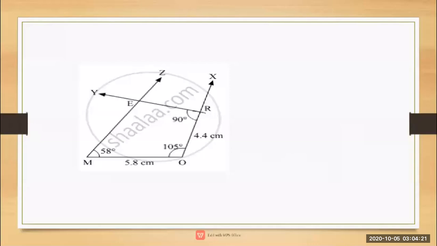So like this, your figure should be made. I hope everyone has made this same figure. Now we will proceed with our second sum.